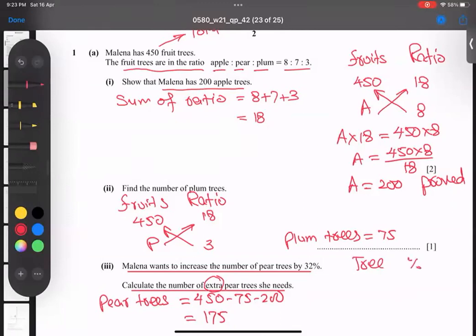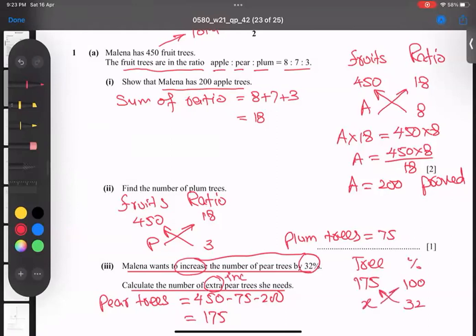So total is called full, 175. Why, sir? Because we deal 175 trees as 100, and I need 32% increase, you see, and find the extra, find the increase. Extra means increase. So 32% I need to find.